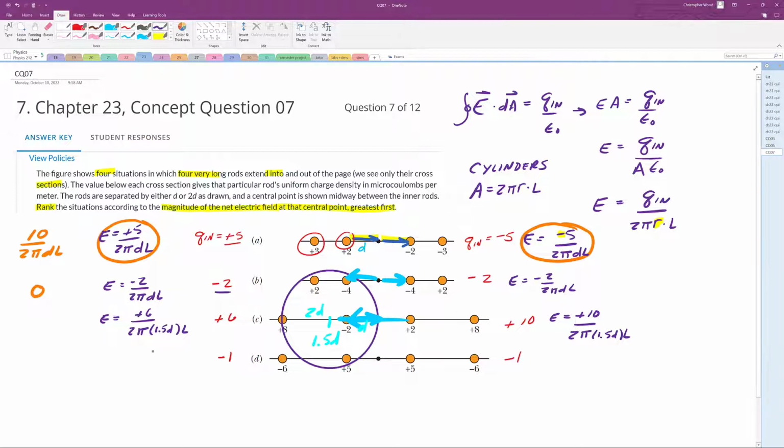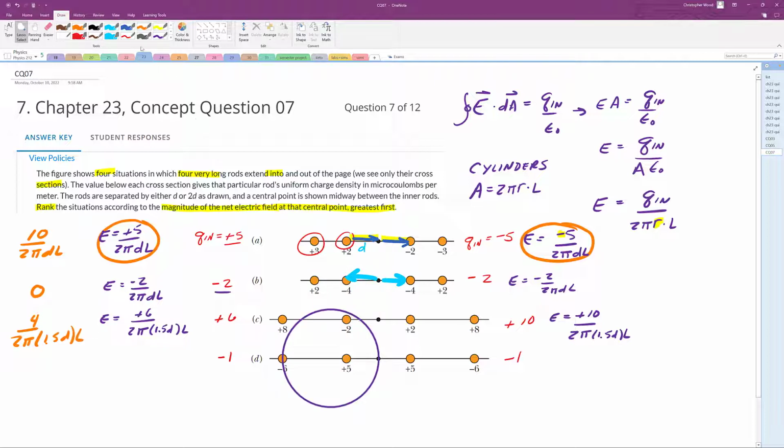So that's going to net out to 4. So let me write that down. So this will be 4 all over 2 pi times 1.5D times L.